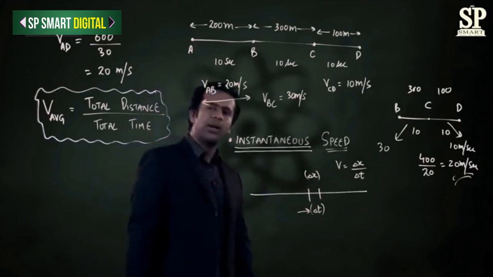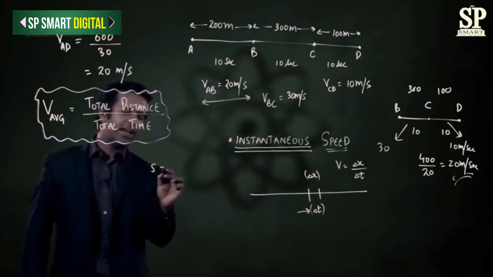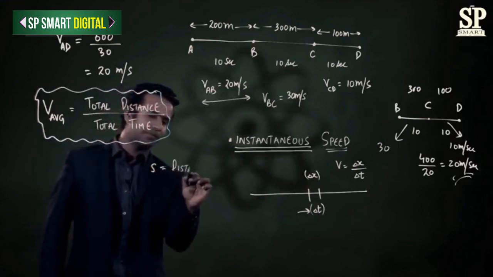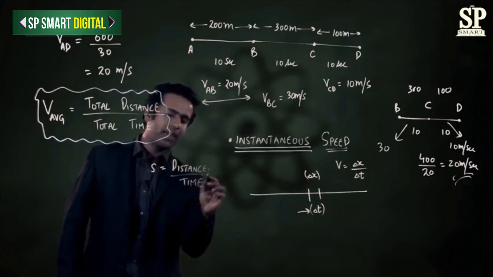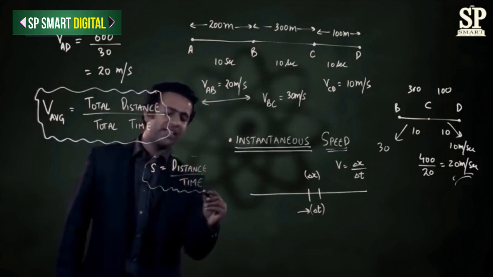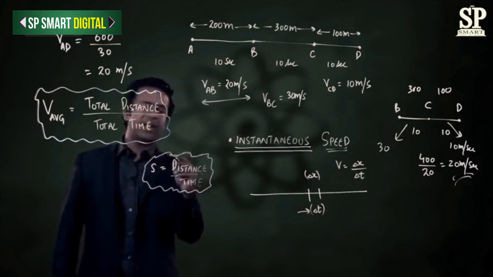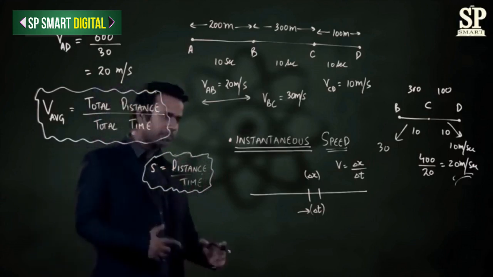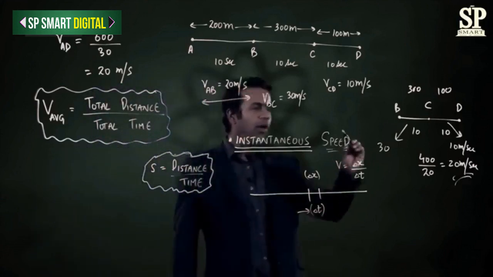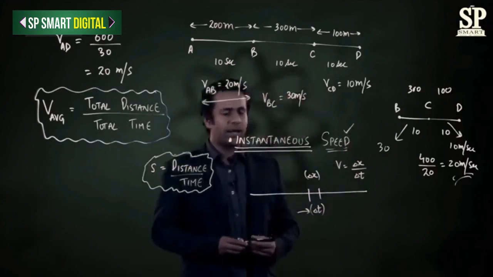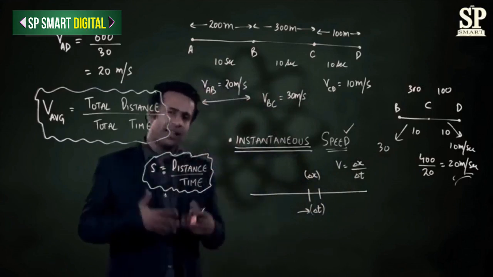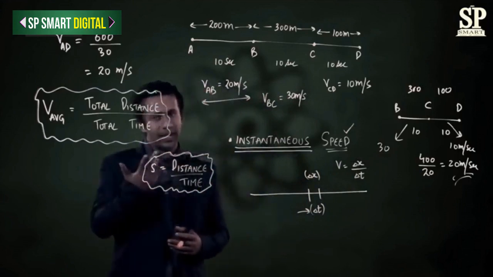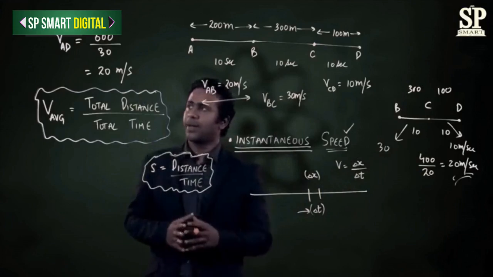So if you think about it, whenever we measure speed as distance by time, we are basically measuring average speed. We are measuring the average of speed in that interval, right? So for now, we need not worry much about instantaneous speed. For the cases we will consider, the average speed would be the speed in that interval, right?